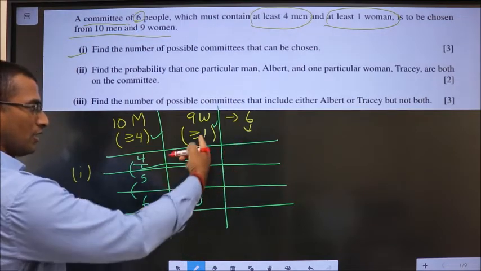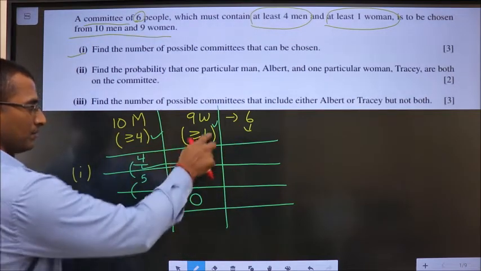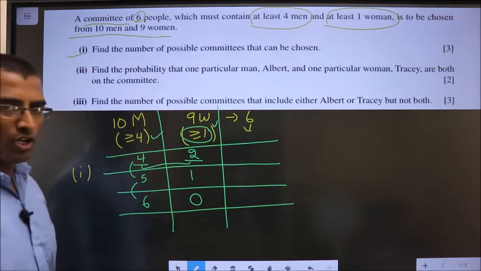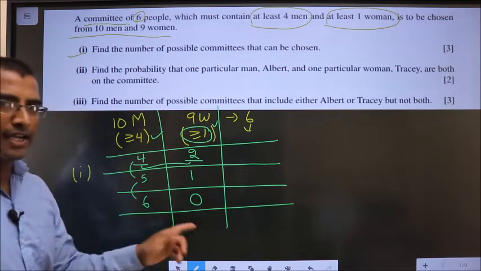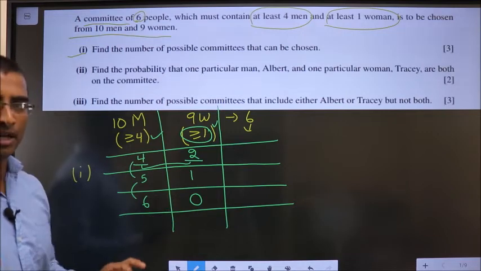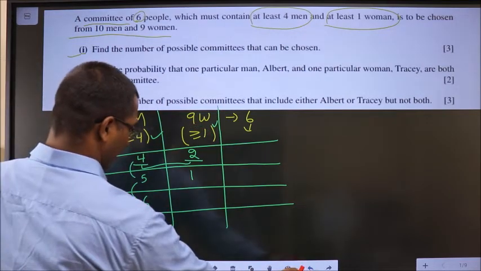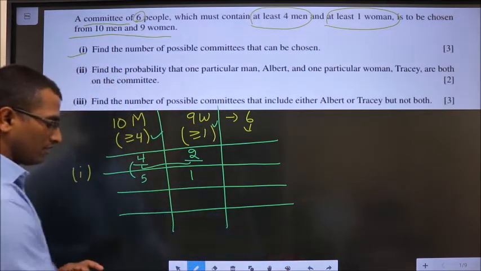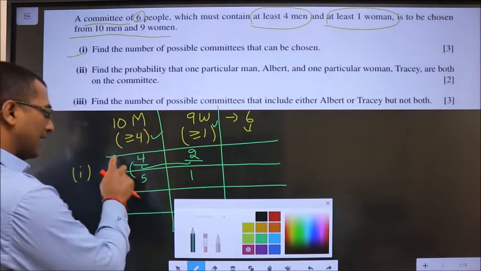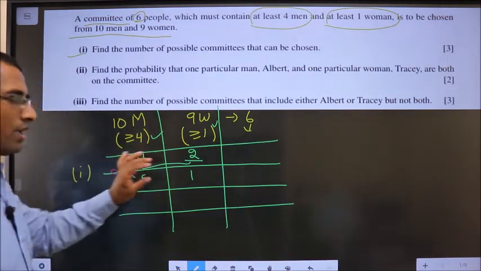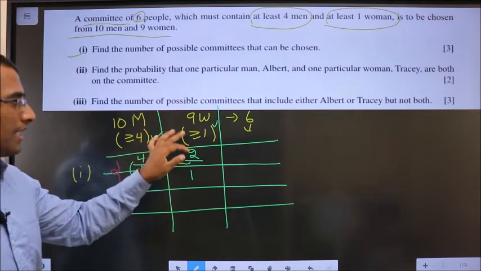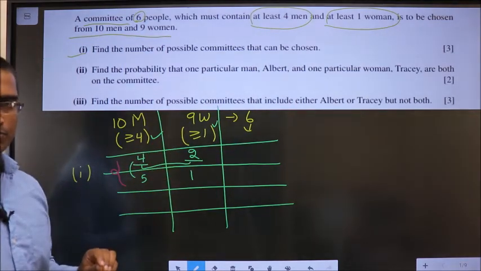But this 0 is not satisfying this condition. So we reject these set of numbers. So conclusion is I get only these two set of numbers satisfying the condition and the count.